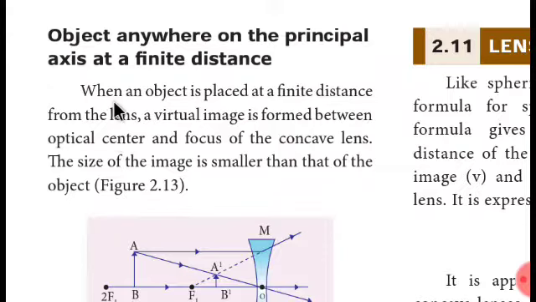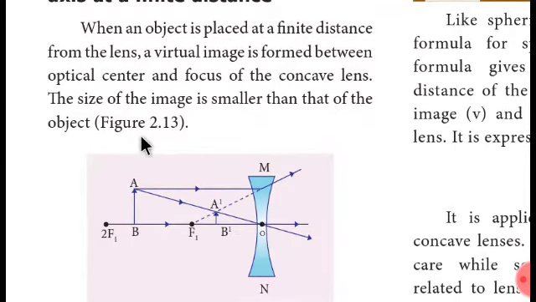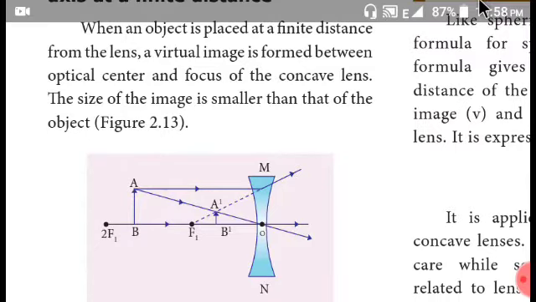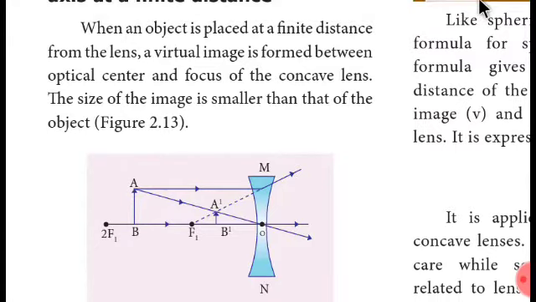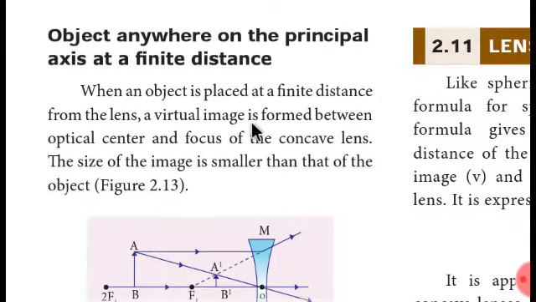And the last one is a virtual image, which can't be obtained on a screen, and for that only one case, so totally six cases. But here, due to the diverging property of the concave lens, it can't provide any real image, and that's the reason why we are only studying two types of virtual image classifications.